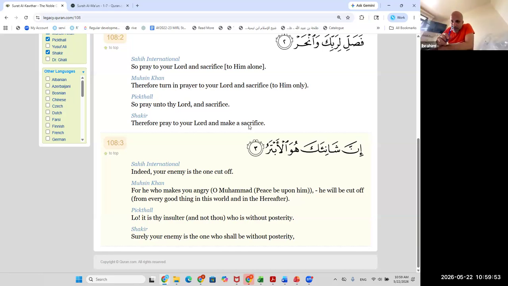Okay. Huwa al-abtar. So now this is a description of the enemy. Huwa. Is there a specific name for Huwa? What is Huwa called? Also harf? Not harf, no. It is called damir, pronoun.